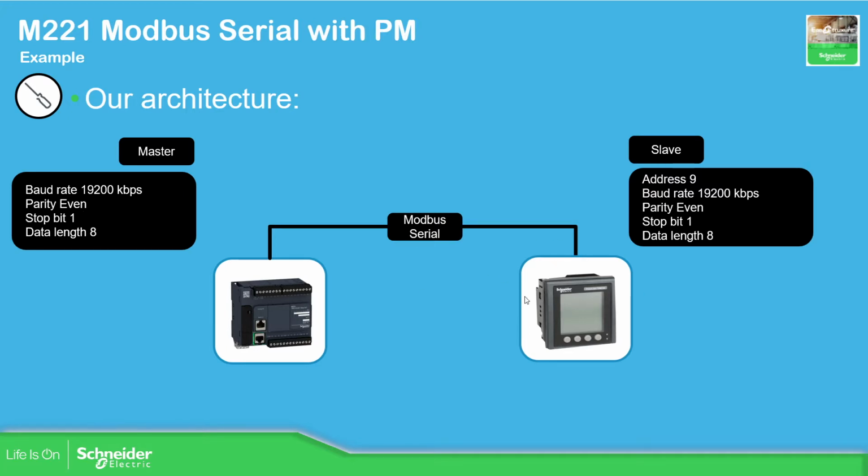On the other side, I have the power meter, in this case the PM5000 series, and I'm going to configure the address 9, the baud rate, and the parity even. The stop bit and data length are by default 1 and 8.